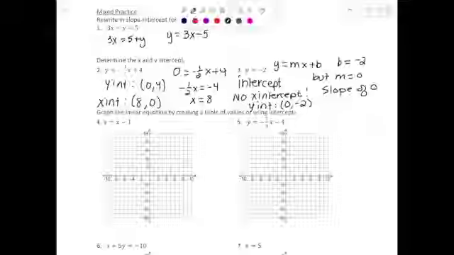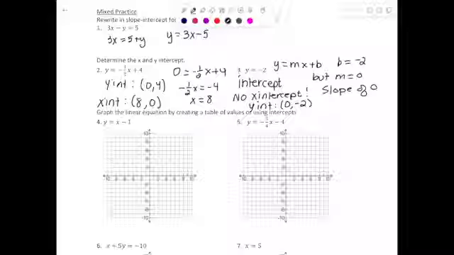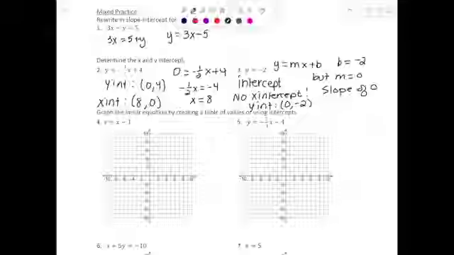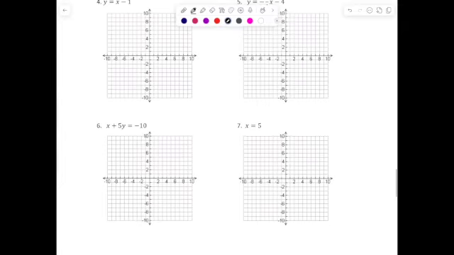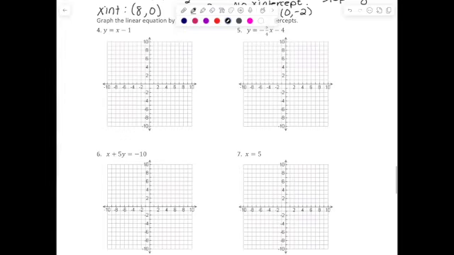Okay, so negative 2 for y, 0. Next thing that we are going to want to look at is graphing the rest of these.